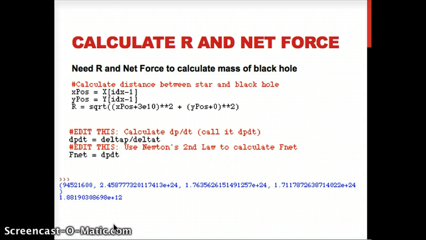We find F net by setting dp/dt right here equal to delta p over delta t. So F net equals dp/dt. I set my code to print the F net and the r variables because that is what I need to plug into Newton's universal law of gravitation to find the mass of the black hole.